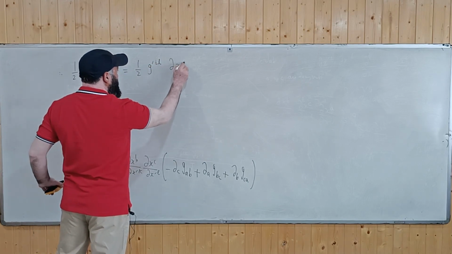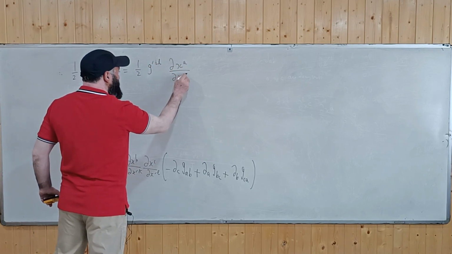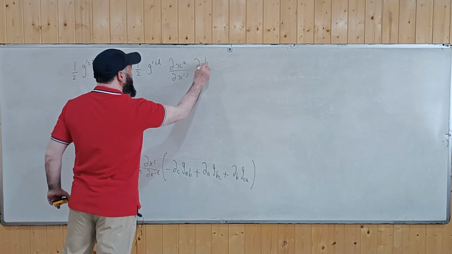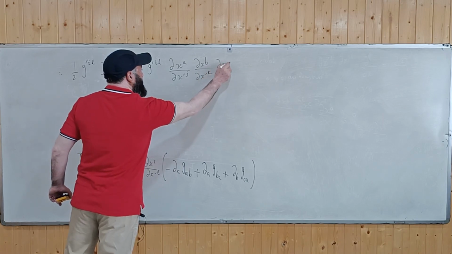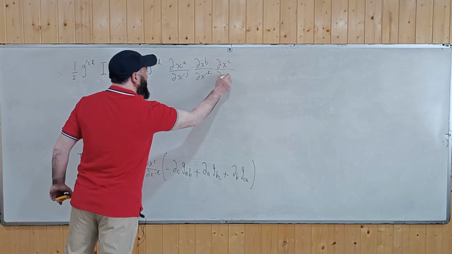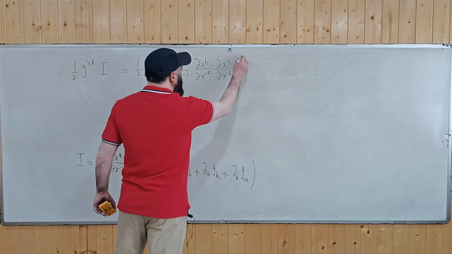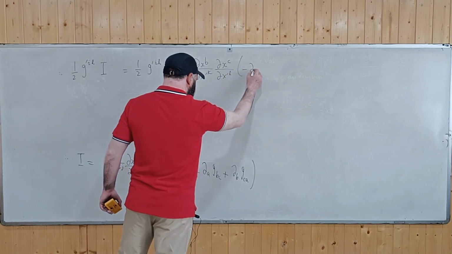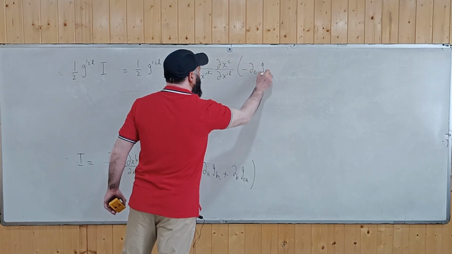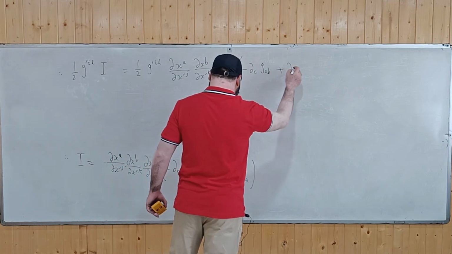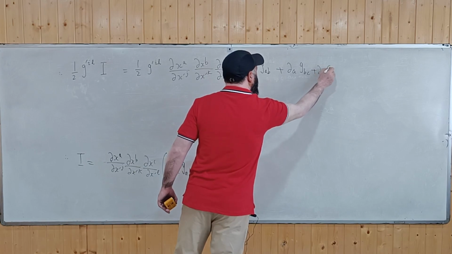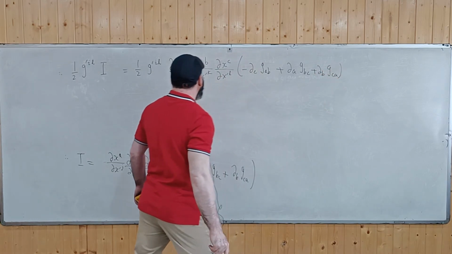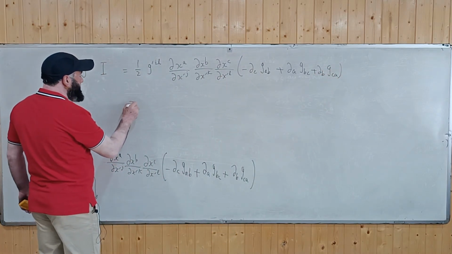So it's partial x A by partial x prime J, partial x B by partial x prime K. Then you are having partial x C by partial x prime L. Clear? So then you are having minus partial C G A B plus partial A G B C plus partial B G C. Okay. What is this G I prime?